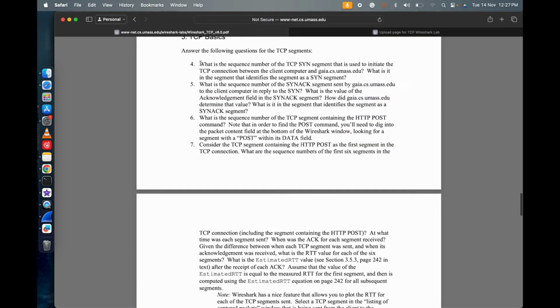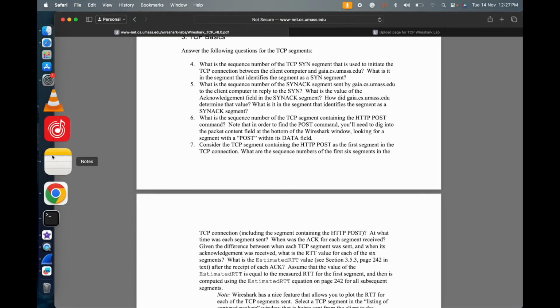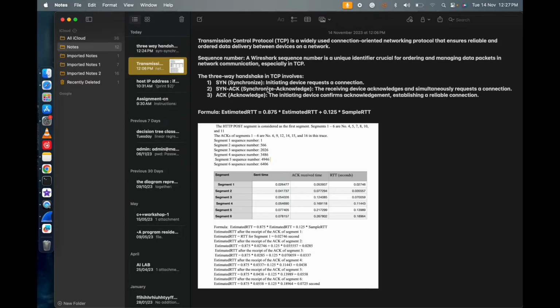The fourth question is what's the sequence number of the TCP SYN segment that's used to initiate a TCP connection between the client's computer and the website, and what identifies the segment as a SYN segment. Before that, you need to know about some terms like sequence number.